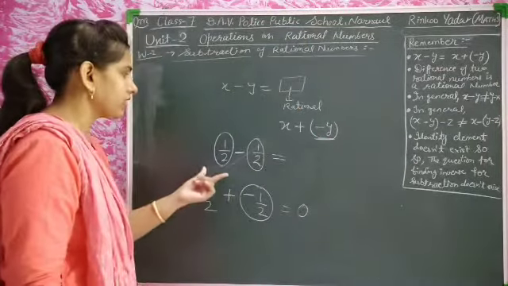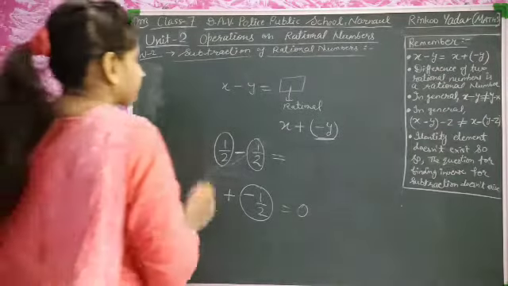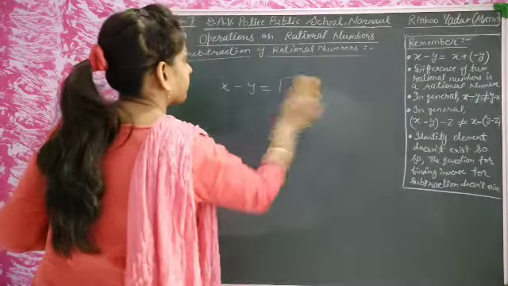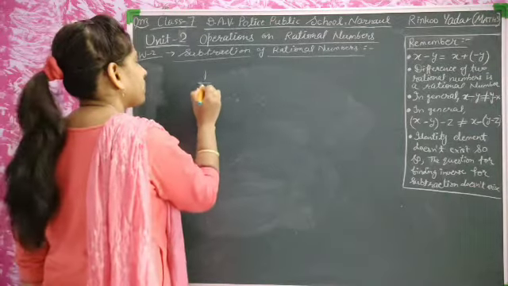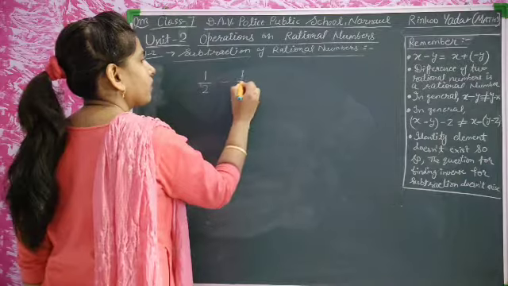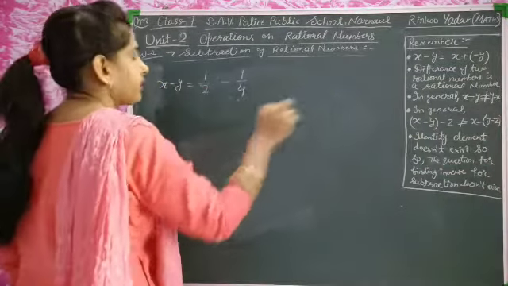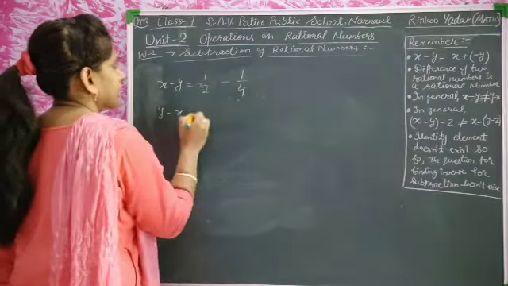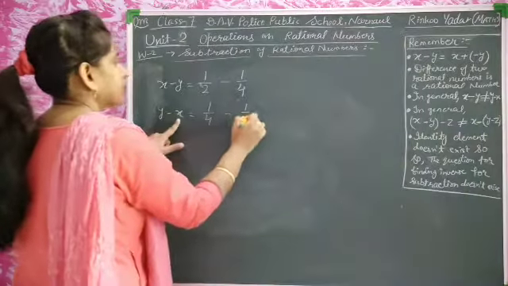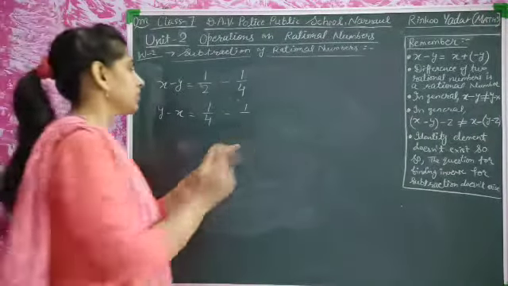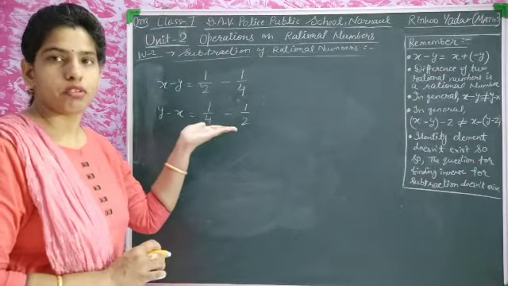Take the example 1 by 2 minus 1 by 4. This is x minus y, and we also take y minus x, which is 1 by 4 minus 1 by 2. We are solving both values. Are they the same or not?